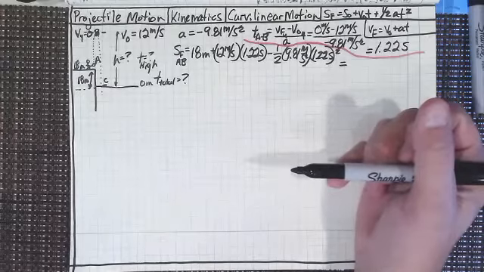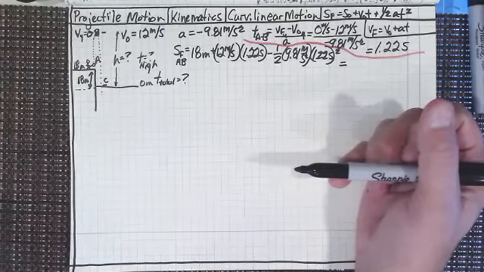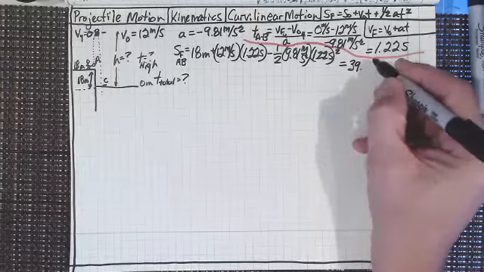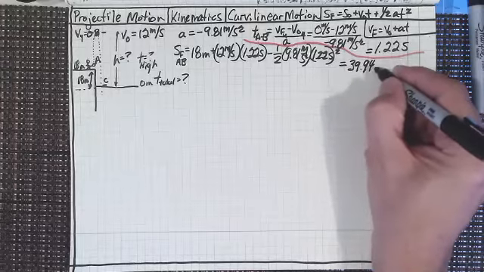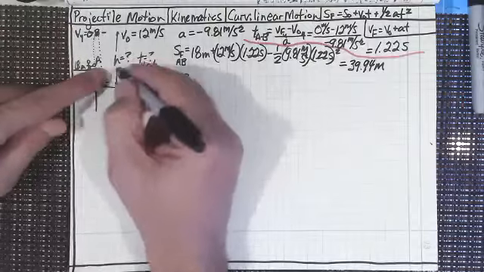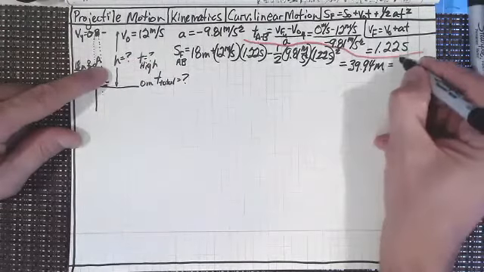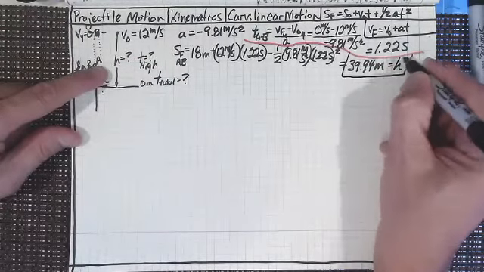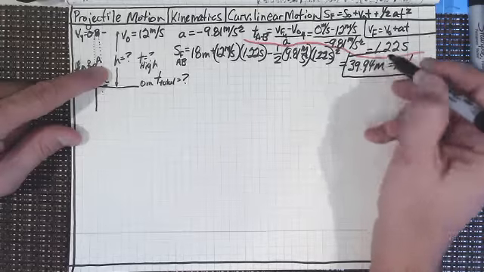So my final height is going to be 39.94 meters. And that's the height off this. So that's what h is. So that's one of the things that we wanted to find out.